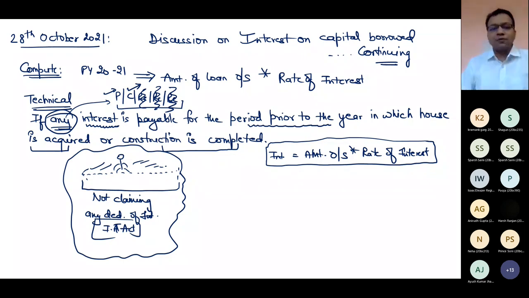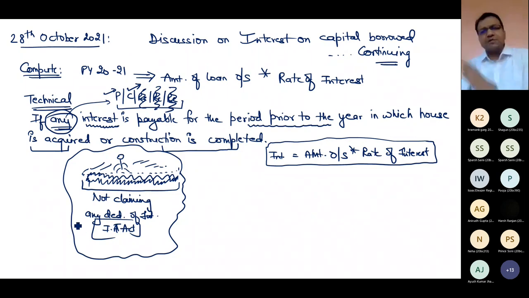For that period there is an issue, because I was paying interest because I had the loan, but I was not getting any deduction. Because if the house was not complete, how can I get any deduction?